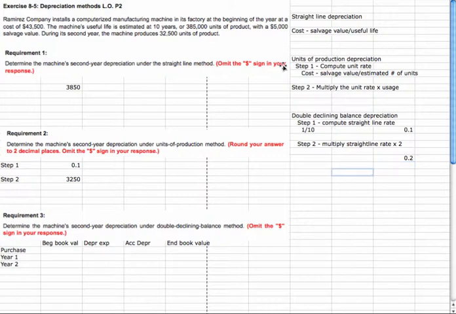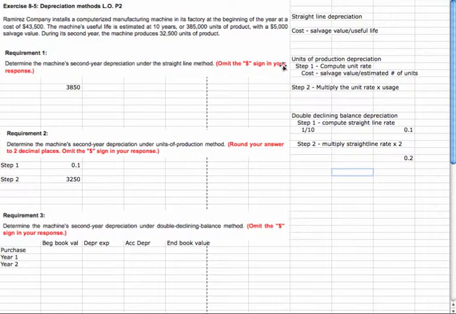Now, notice so far in our calculations here, we have not taken into account salvage value. The double declining balance method, or the declining balance method in general, does not take into account salvage value. Because it is an accelerated depreciation method, it wants to accelerate as fast as possible.